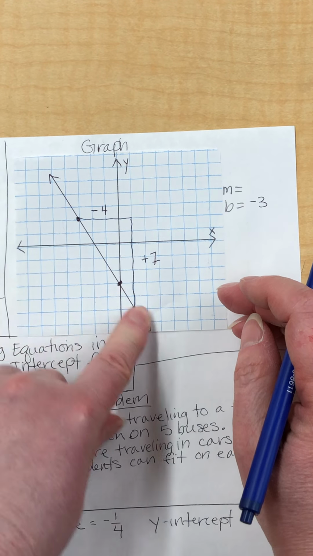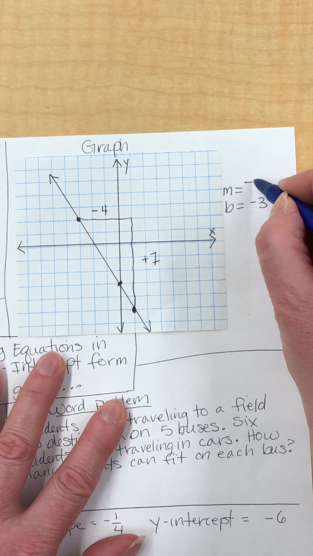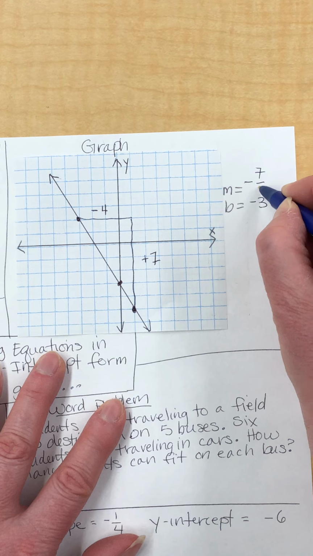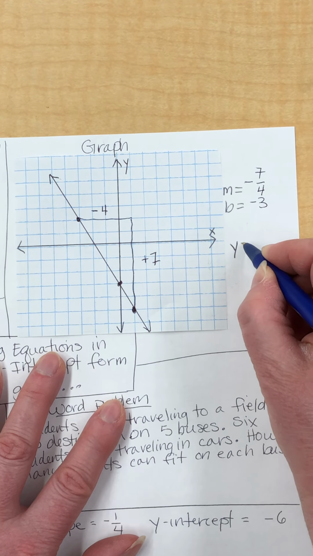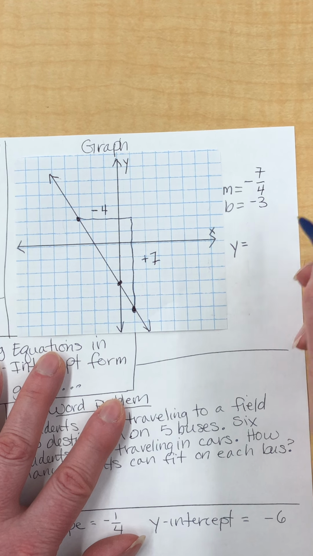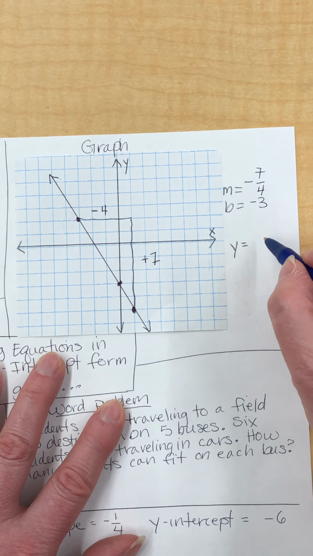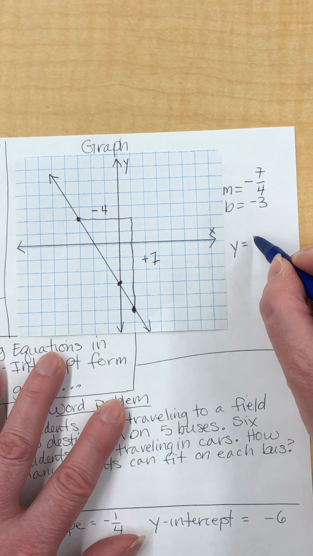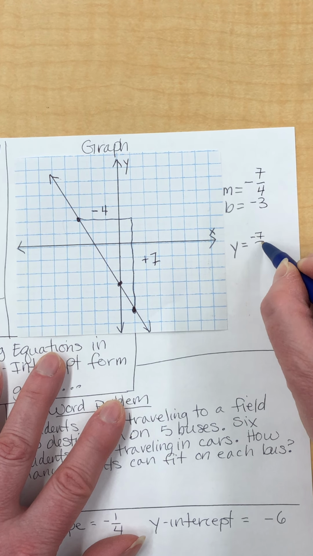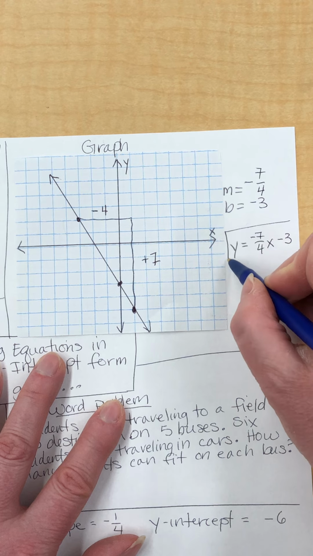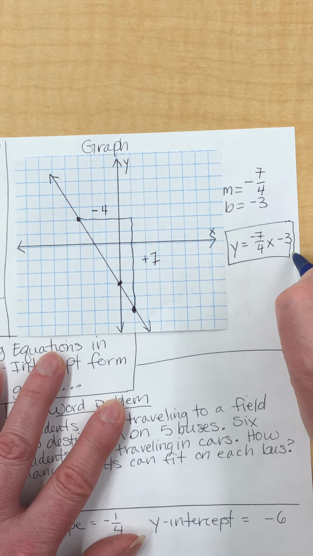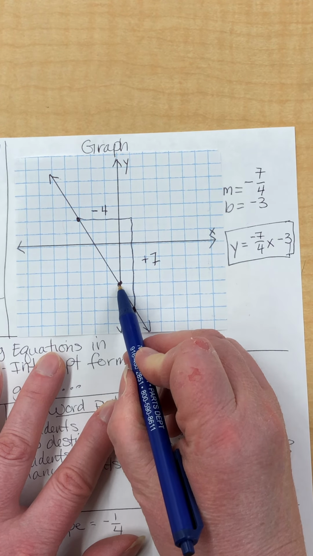So my slope, this is a negative slope, so my slope is negative rise over run. Okay, and then I'm going to write y equals -7/4 x minus 3.